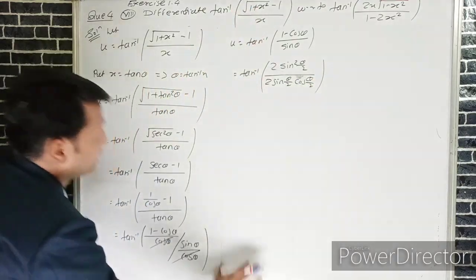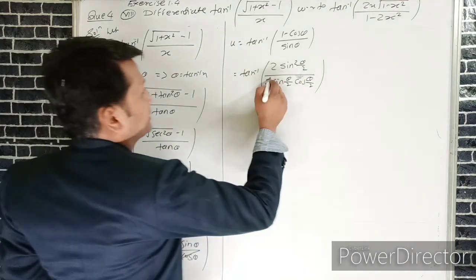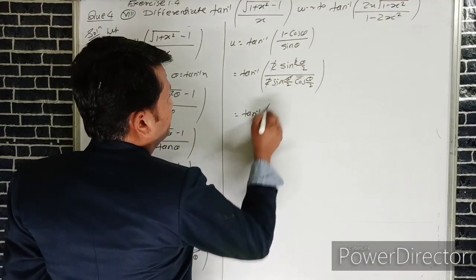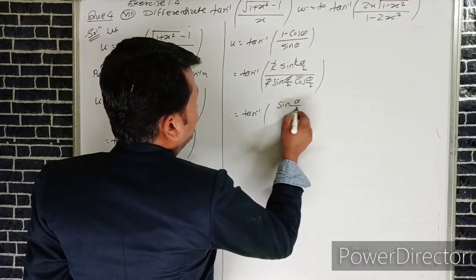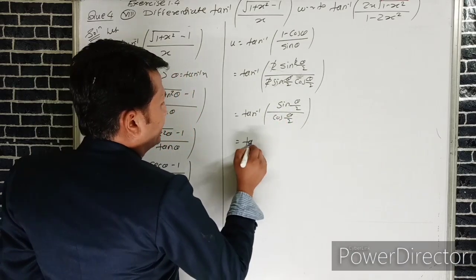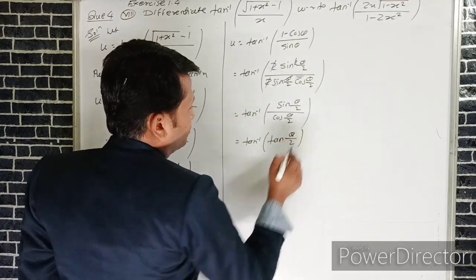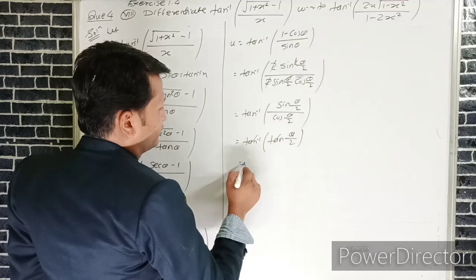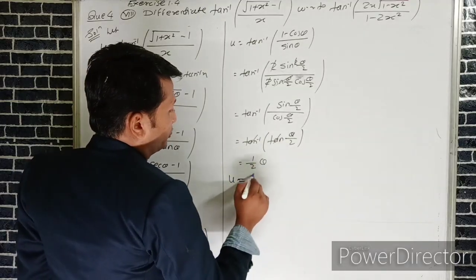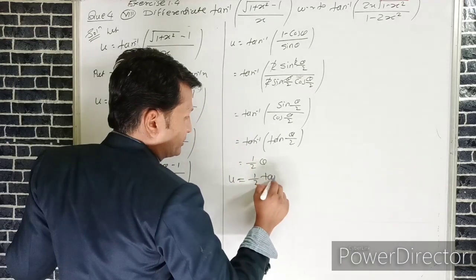After that, the 2 cancels, sin square cancels, sin of theta by 2 cancels, and we can write tan inverse of sin of theta by 2 upon cos of theta by 2. Here sin upon cos means tan inverse of tan of theta by 2. Here tan inverse tan gets cancelled, and we can write 1 by 2 into theta, which is the value of u. U is equals to 1 by 2 into theta, which means 1 by 2 tan inverse x.